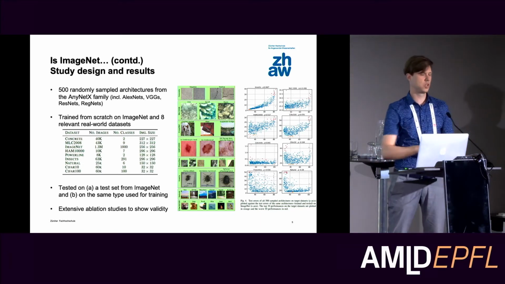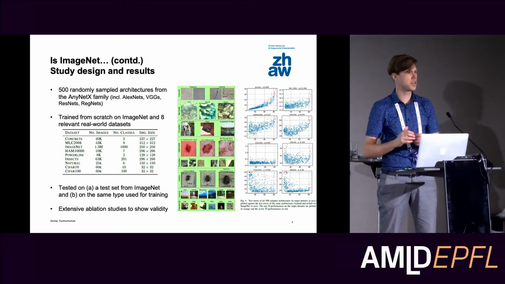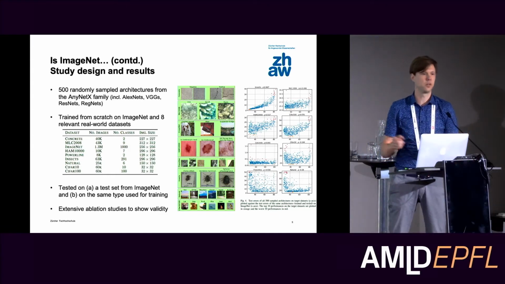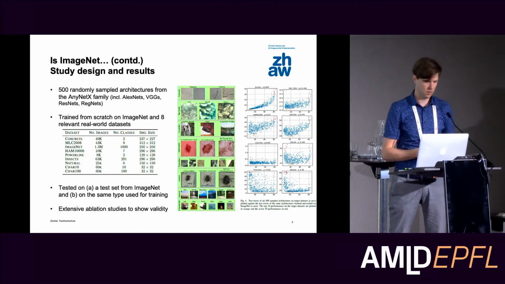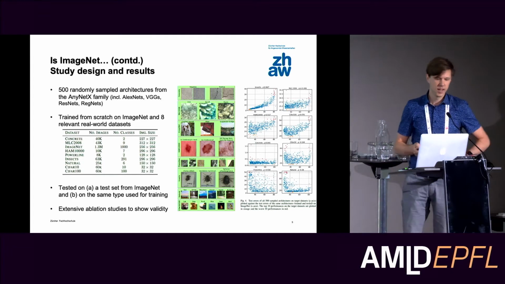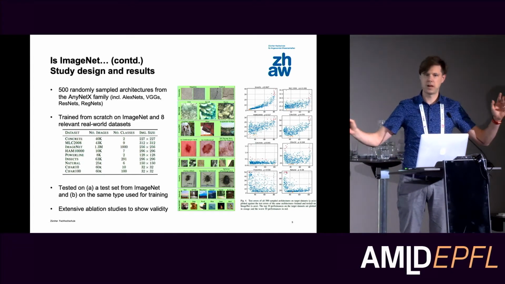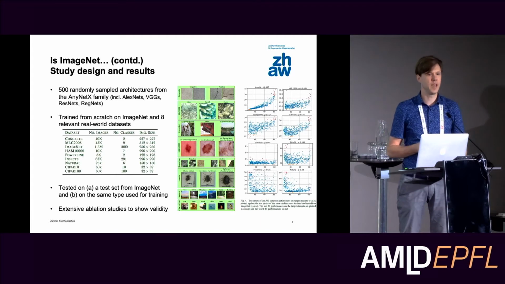So from this, you get a lot of different neural network architectures. Not all architectures that work well in images, but most of them. You get all the standard AlexNets, all the VGGs, all the ResNets, all the RegNets, and so on. So a fairly large sample can be generated by modifying the hyperparameters of the AnyNet family.